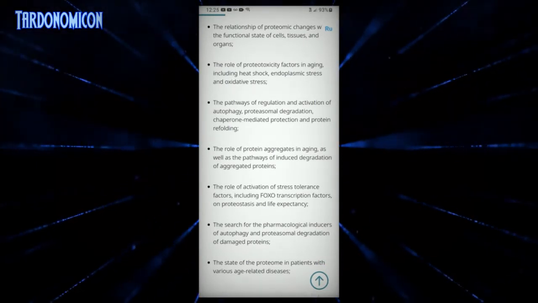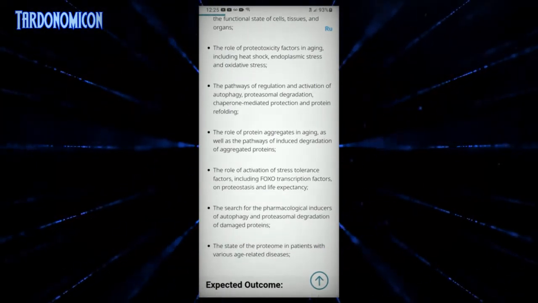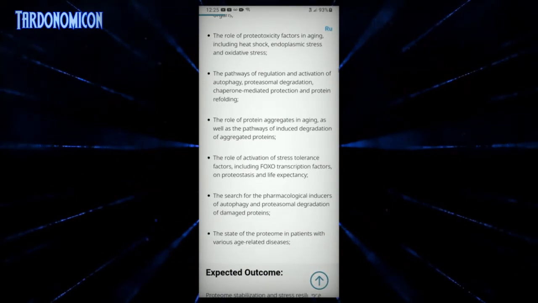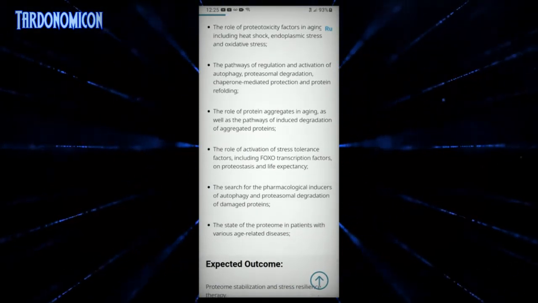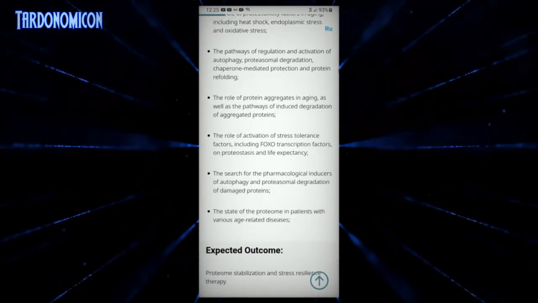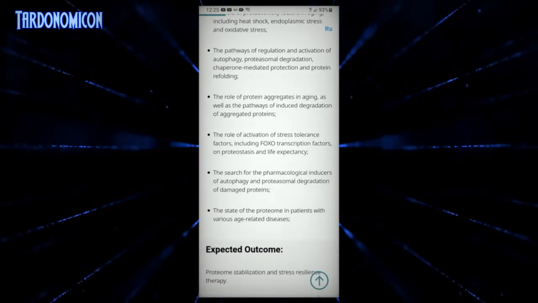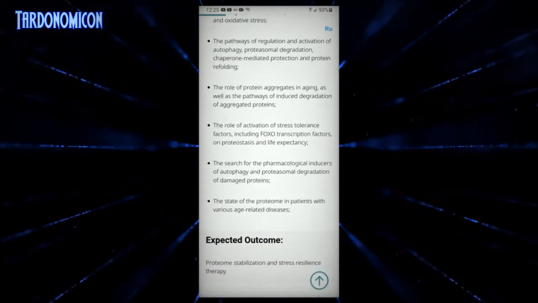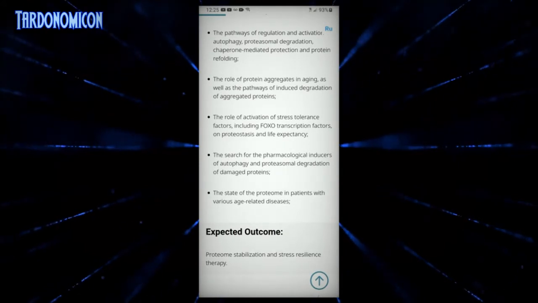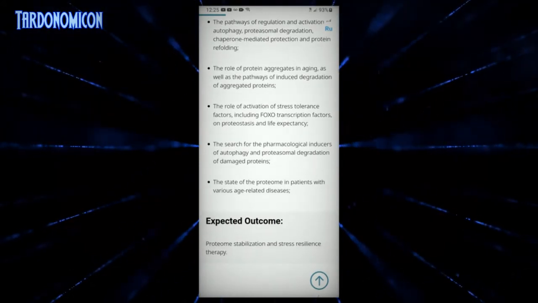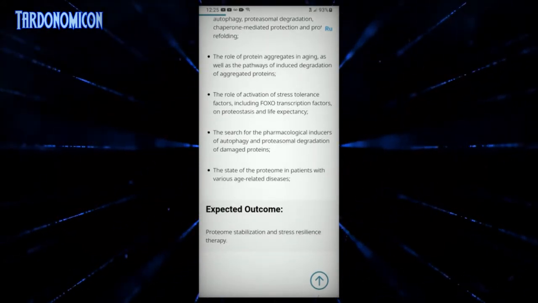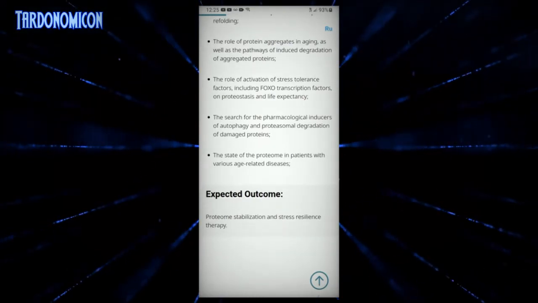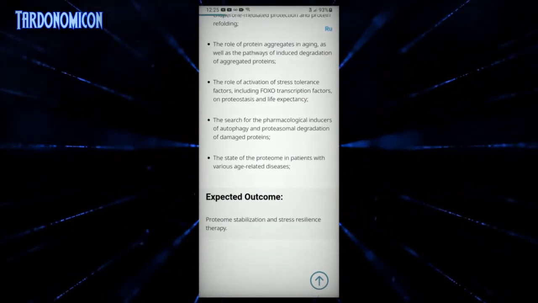the pathways of regulation of activation, autophagy, proteasomal degradation, chaperone-mediated protection and protein refolding, the role of protein aggregates in aging, as well as the pathways of induced degradation of aggregated proteins, the role of activation of stress tolerance factors including FOXO transcription factors.